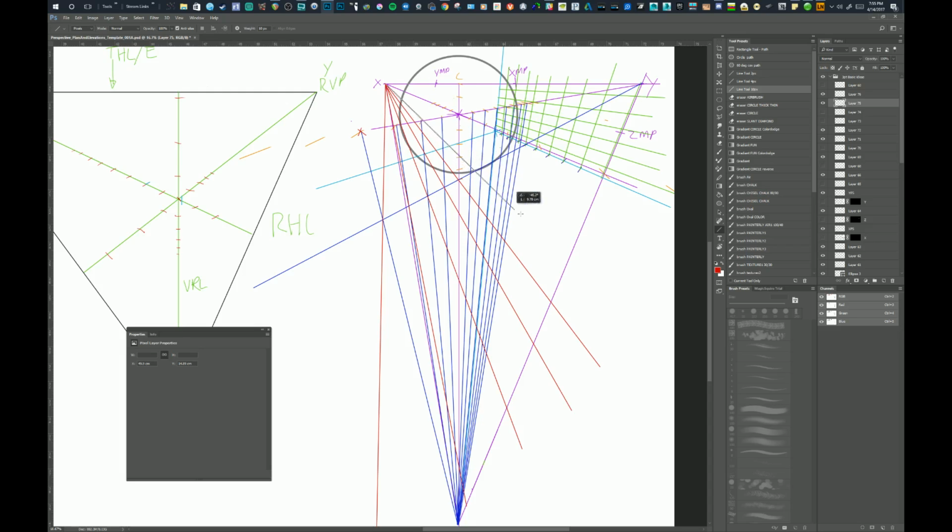So X through that unit, just call that 1. X through this next one, call that 2. This next one, we'll call that 3. This next one, 4. This next one, 5. This next one, 6.